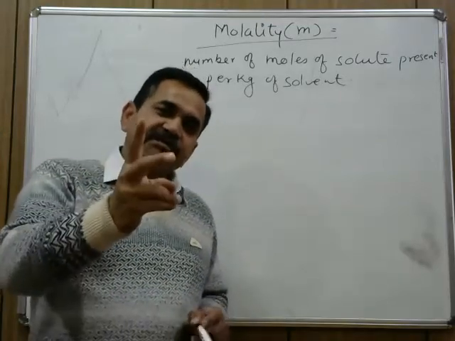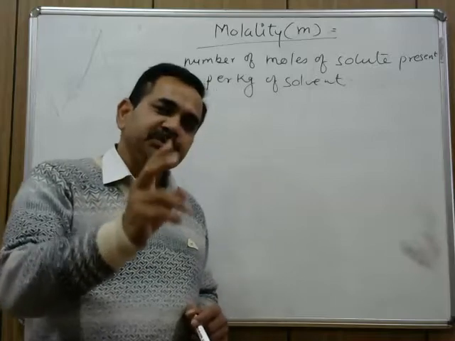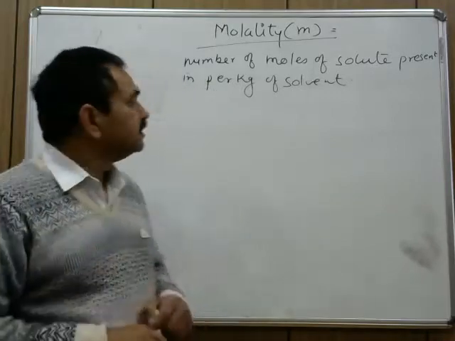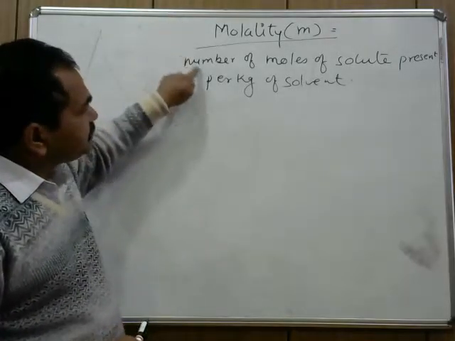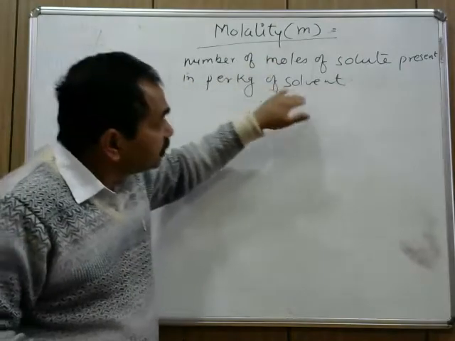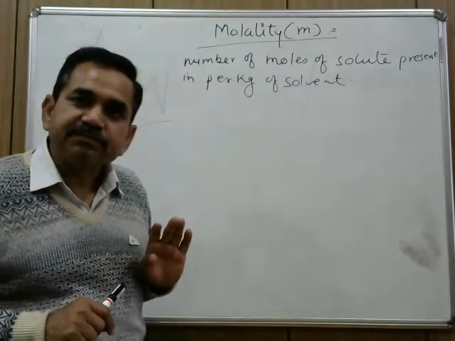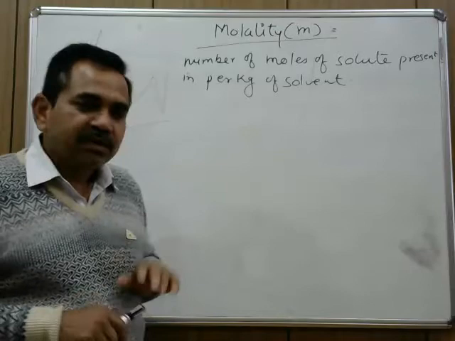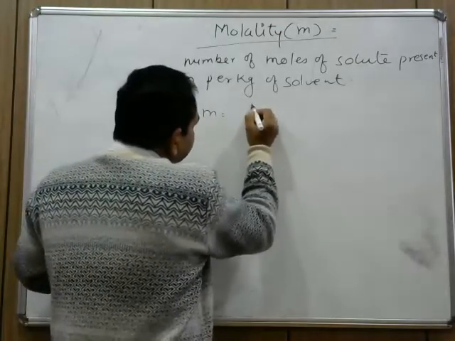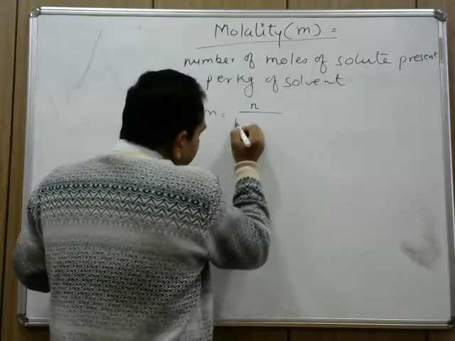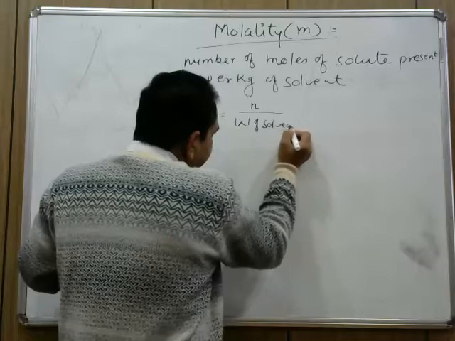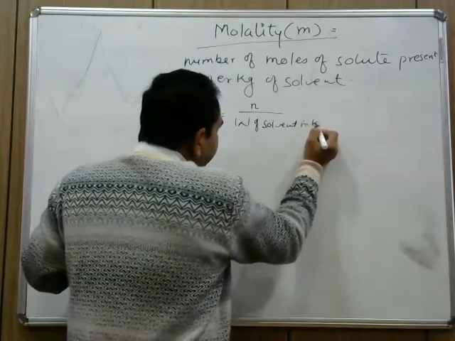When molarity refers to the number of moles of solute present per liter of solution, molality refers to the number of moles of solute present per kilogram of solvent. Then small m is given by number of moles upon weight of solvent in kilogram.